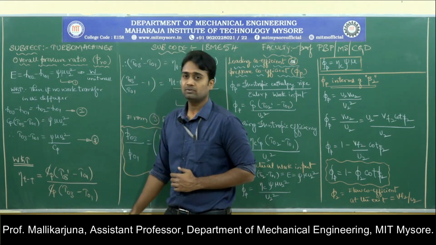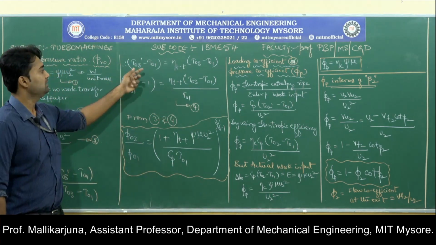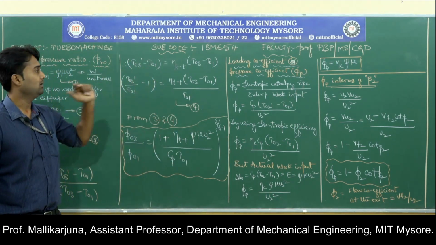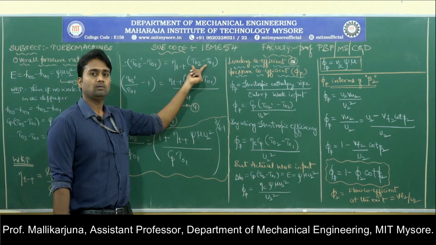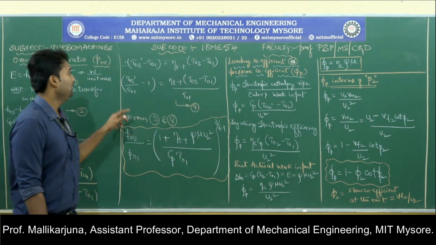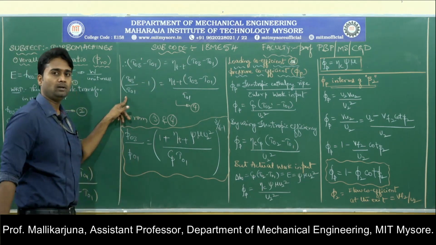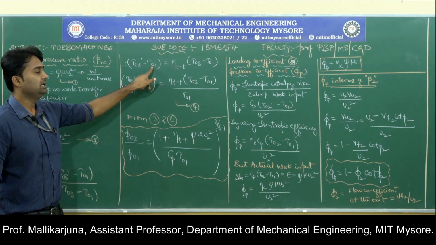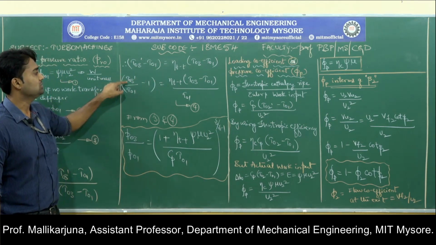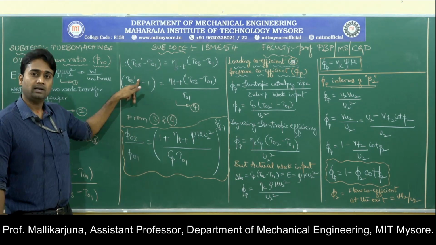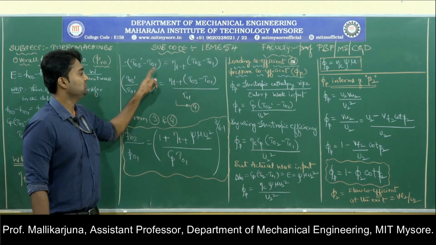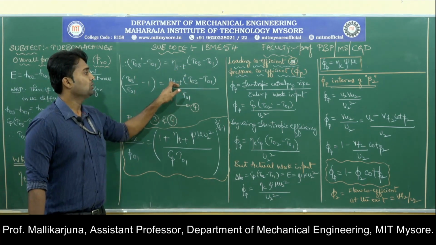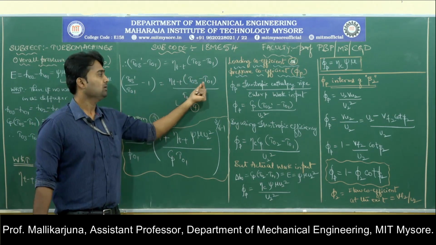So, Cp gets cancelled. If I move to the next step, it is the temperature difference in isentropic enthalpy, which equals the overall efficiency times the actual enthalpy rise temperature, T overall 3 minus T overall 1. Now, if I take T01 common, or divide the entire equation by the initial temperature of the impeller, this becomes T03 dash, the isentropic temperature, divided by T01, minus 1, equals the total efficiency times T03 minus T01, divided by T01.